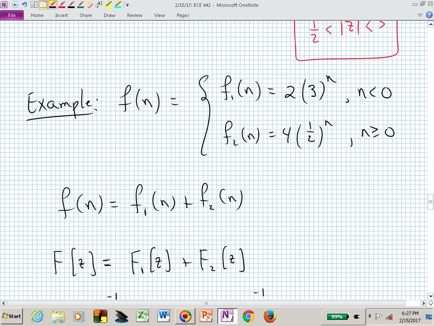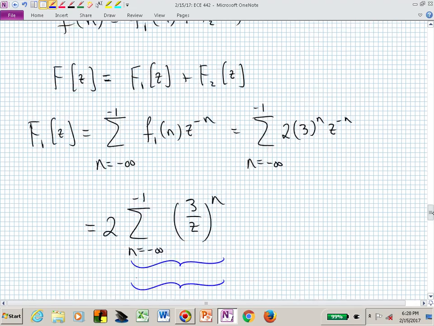But what are those n's? They're negative, aren't they? So they're putting those in the denominator. So now I have 2 times 1 over 3 squared, 3 cubed. That's well behaved. And for the other piece, the little f sub 2, I have 1/2 squared, 1/2. That's less than 1. That's shrinking.